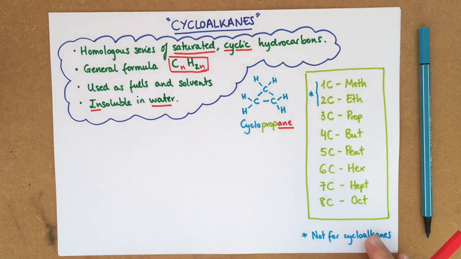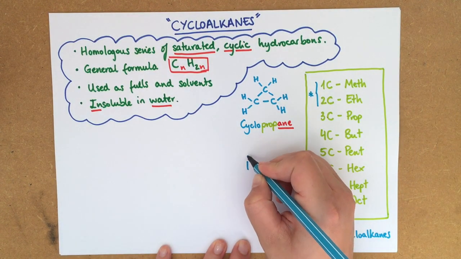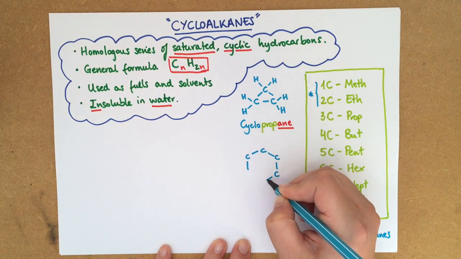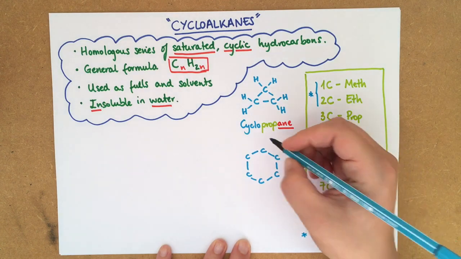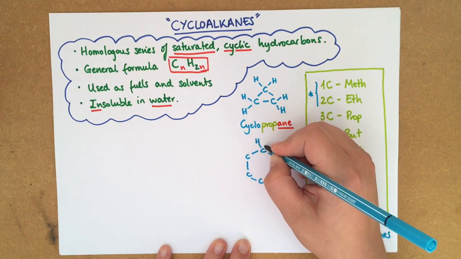Let's try, for example, 6 carbons. We complete the carbons, so each of them has 4 bonds with hydrogens.